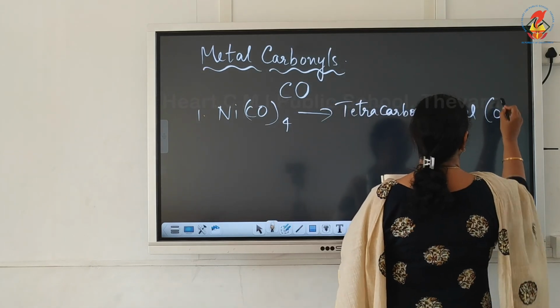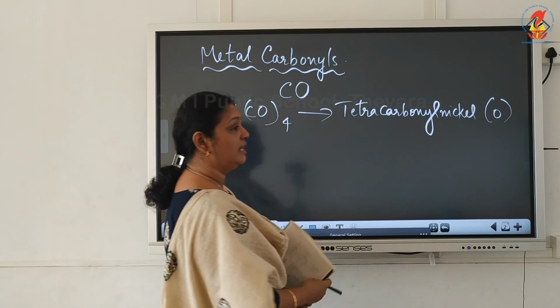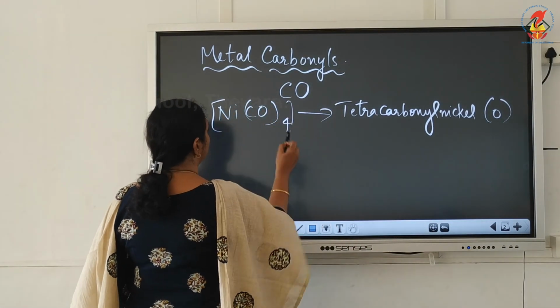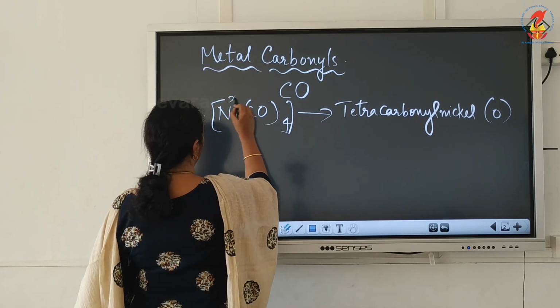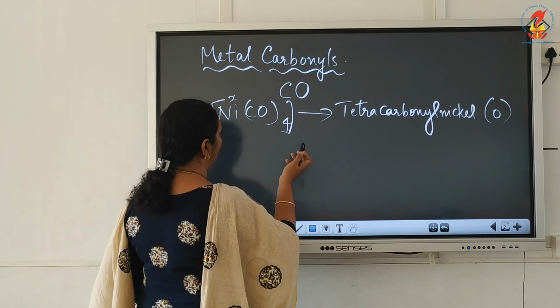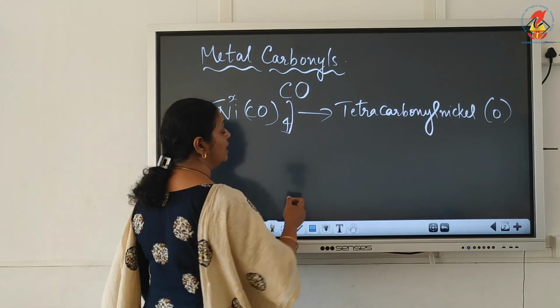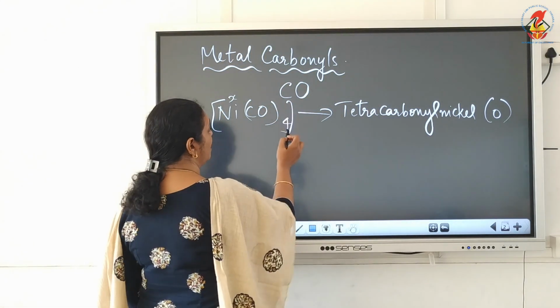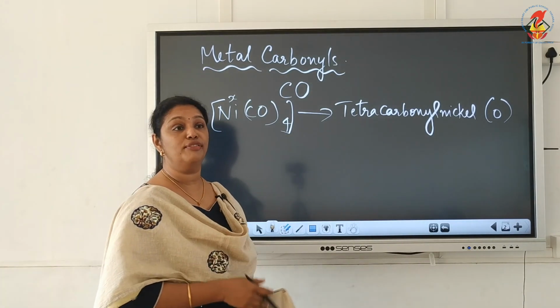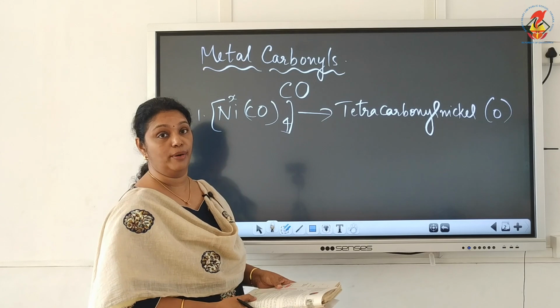If you calculate, nickel's oxidation state you don't know, so you denote it as x. Carbonyl group is neutral, so 0. It's a neutral coordination compound because there is no charge on the complex, which means that the oxidation state of nickel is 0 in this compound.